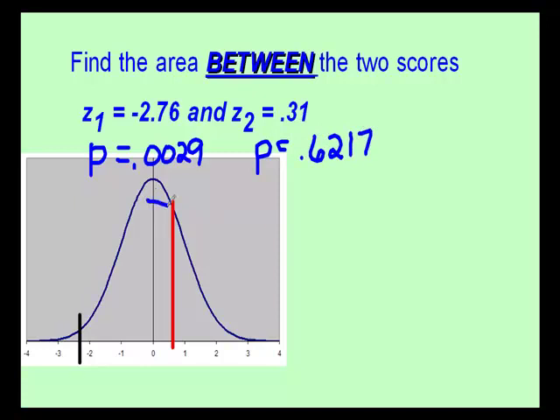Since I'm looking for the area shaded in blue, I'm going to have to subtract that which would have been given by the lower z-score. I have to get rid of that. I get rid of it by subtracting. You can't have a negative probability, so you have to take the big number minus the small number.